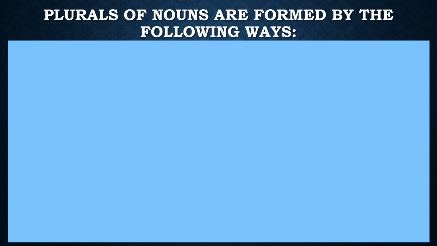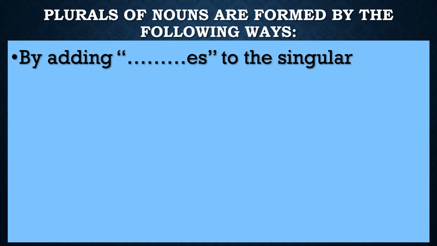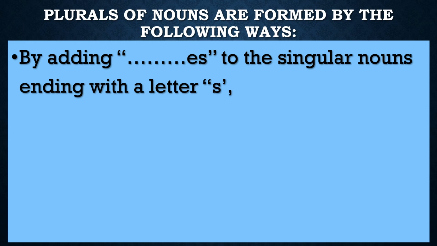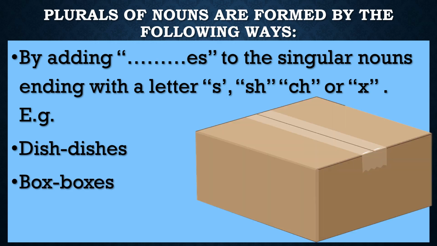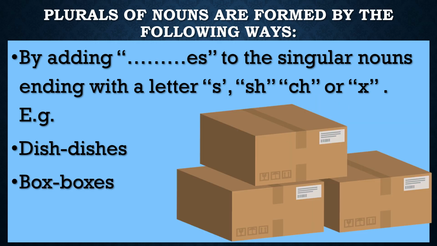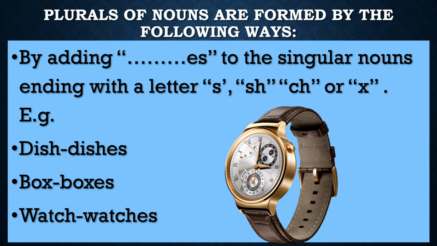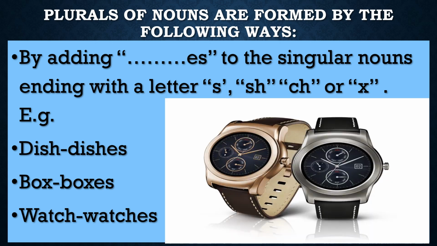Second rule is we can form plural by adding es to the singular nouns ending with a letter s, sh, ch, or x. See the examples: dish, dishes; box, boxes; watch, watches.